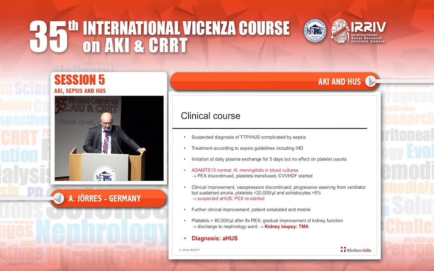and the patient was then treated according to sepsis guidelines, and on the next day, when she remained anuric, put on intermittent dialysis, having in mind that with 10,000 platelets to start with, she would not be the ideal candidate for a continuous regime. We did daily plasma exchange for 5 days, but this had no effect whatsoever on platelet counts.